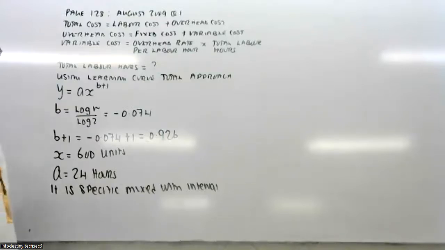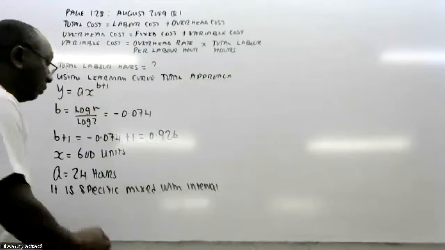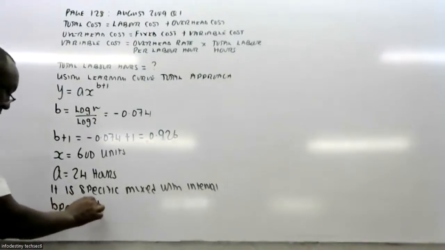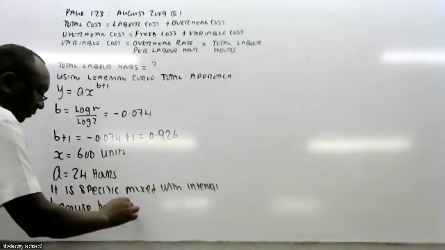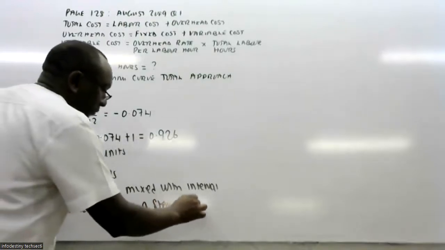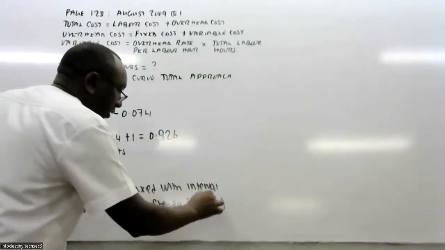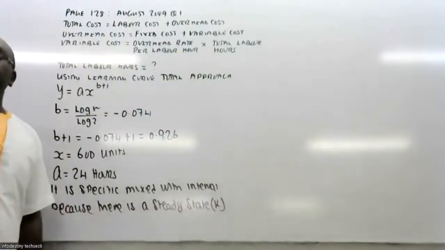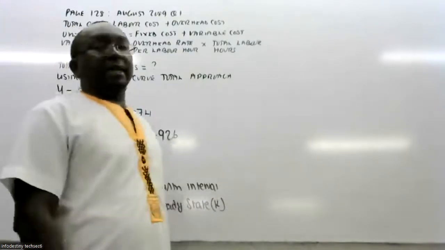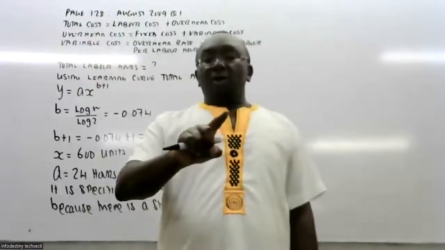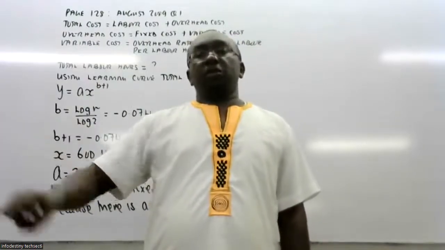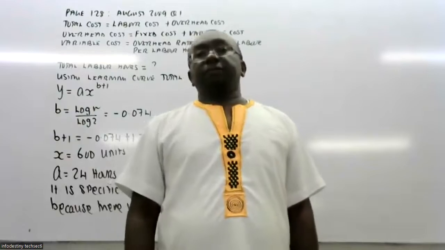Looking at the graph we drew, there is where we put k. Steady state means from there onwards, there will be no more reduction in time.